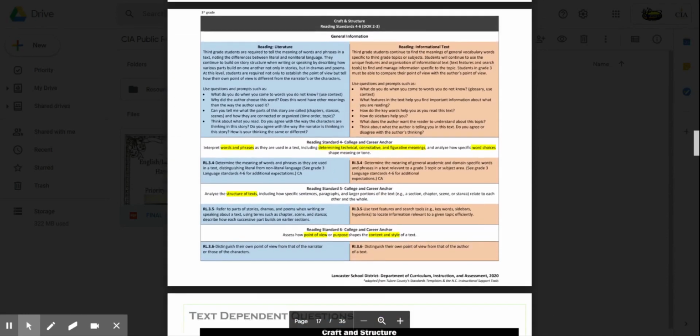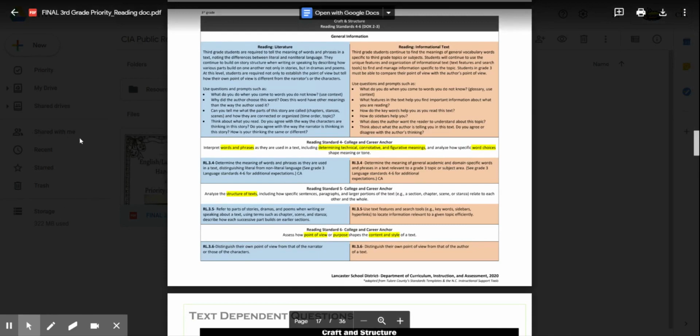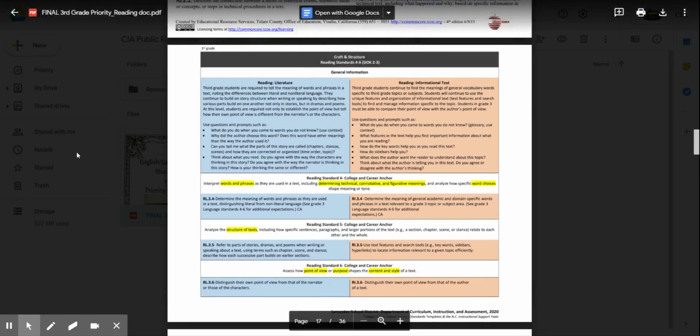All right, our key ideas and detail standards are followed by our craft and structure standards, and those are standards 4 through 6. And craft and structure digs a little bit deeper. You'll notice that the DOK level is upped a bit here. These are traditionally written at a DOK 2 and 3. And remember, like I said before, the DOK level can be adjusted by the teacher, but this is just a starting point.